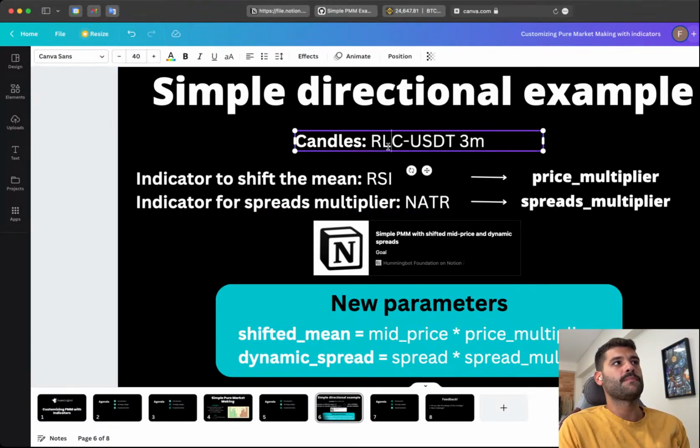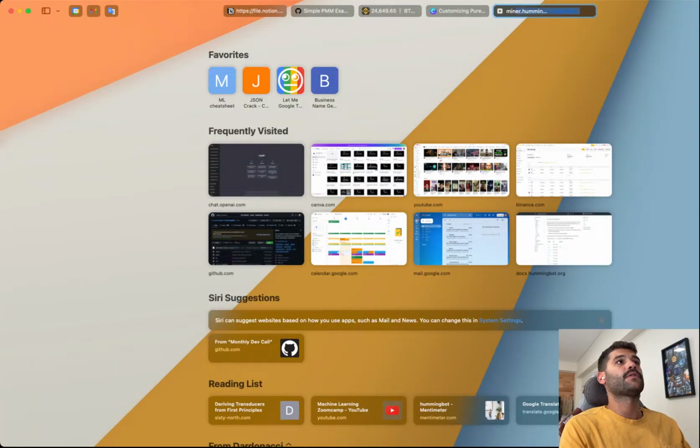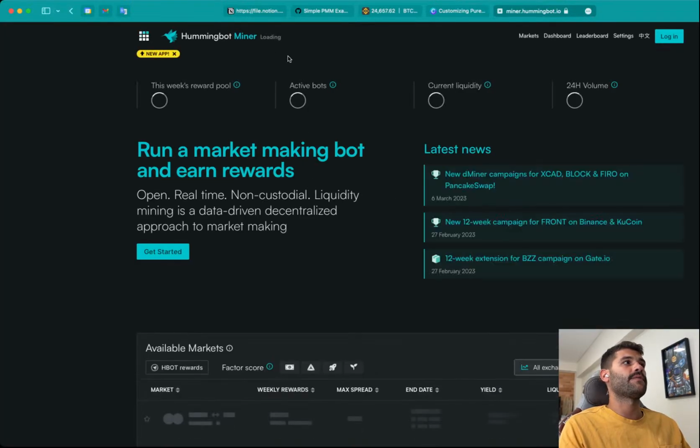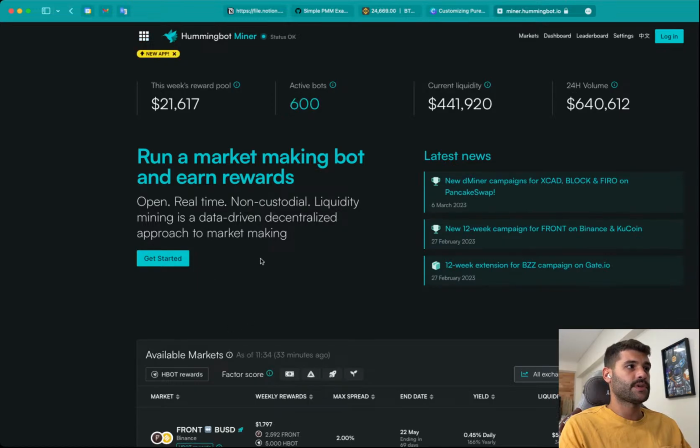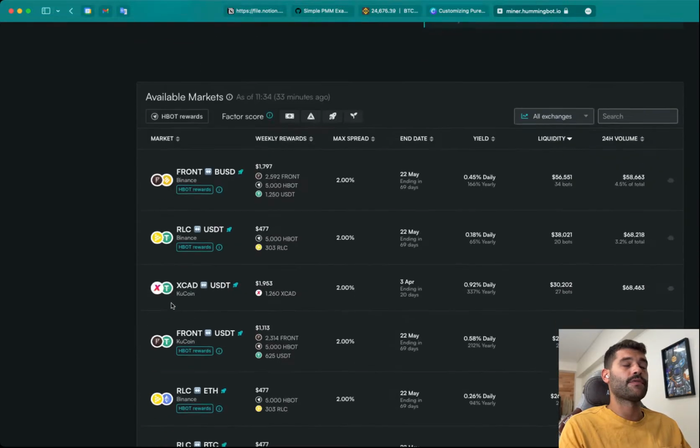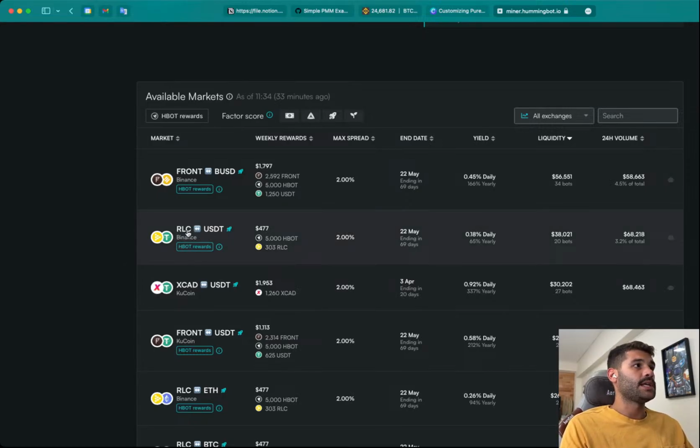We're going to use the trading pair RLC based on the miner platform. Here we can find that there are a lot of trading campaigns where we can provide liquidity. I found this one that is RLC USDT.